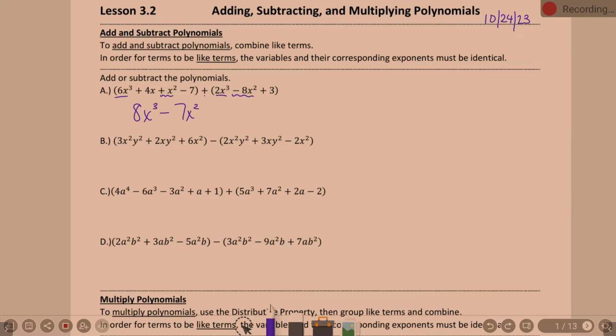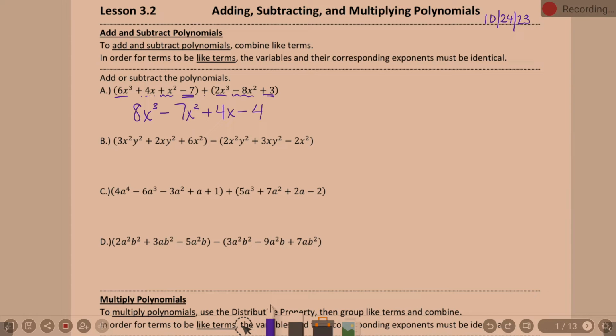What else you got for me? Plus 4x. Okay, 4x is just by itself, no other like term, so carry it to your answer, plus 4x. And negative 7 and 3: there's a minus 7 and a plus 3. Minus 7 plus 3 is going to be minus 4.